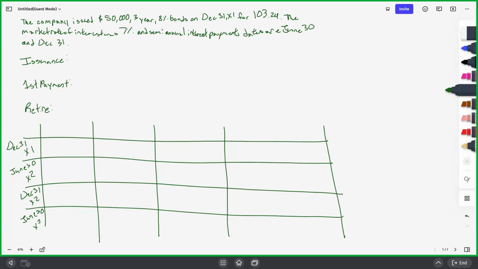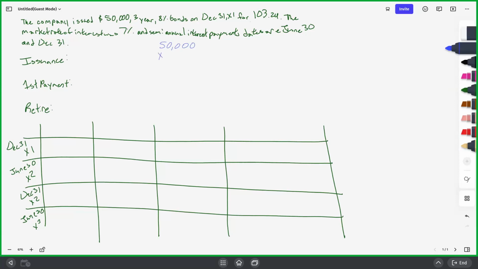All right. So what's gonna be our journal entry and how are we gonna get it? Because this one requires a little more math than the last. First multiply 40,000 times. Yep.